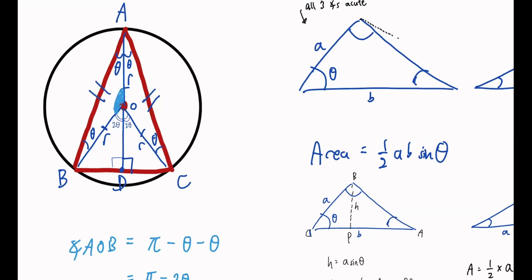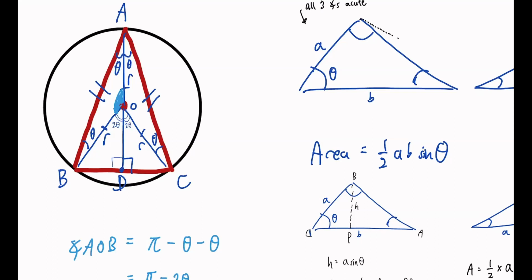And also, perpendicular bisector of the chord. This is a chord, this is a center, there's a radius. If you extend it all the way, then you get the perpendicular bisector of the chord theorem, which you already know. More importantly, from that theorem, we can show that these two triangles are congruent. And as a result, these two angles are the same. Theta is the same as theta here, right?